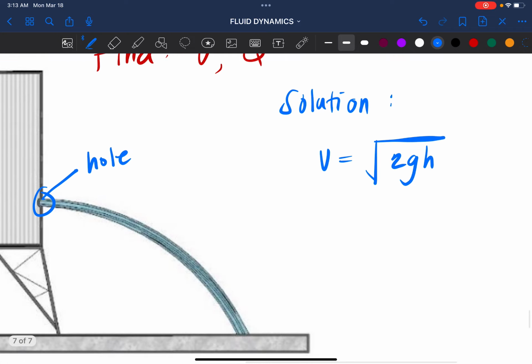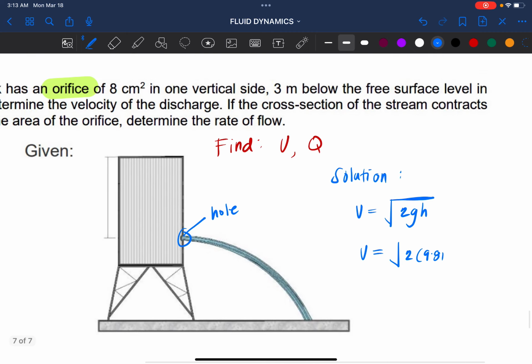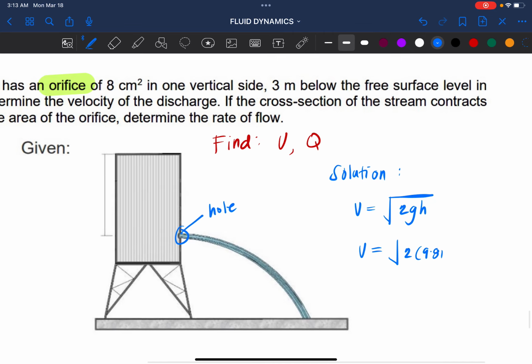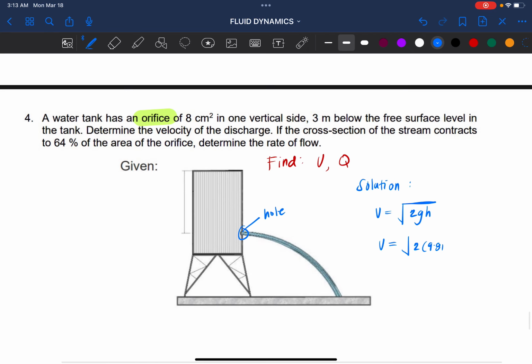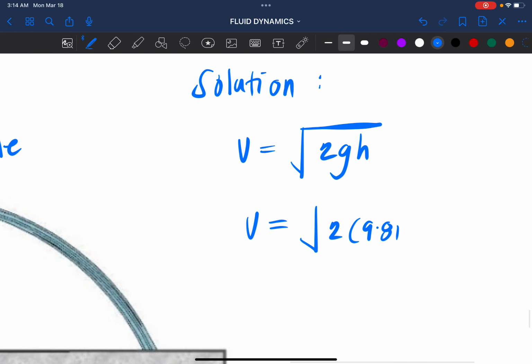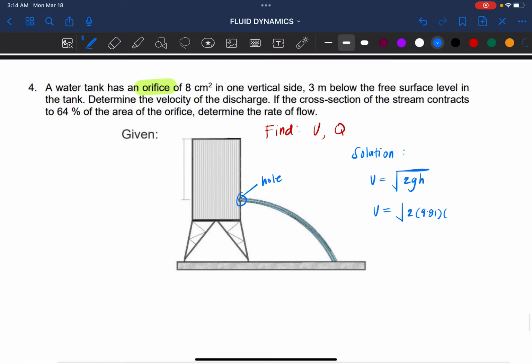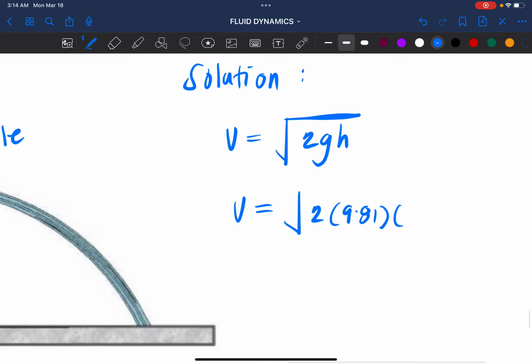Ayan. So, V is equal to square root ng 2 times 9.81 meters per second. Naka-meters naman. And then yung 8, i-convert na lang natin sa meters mamaya. Meters times yung height natin. May binigay bang height? 3 meters.